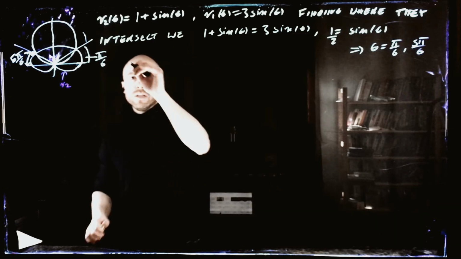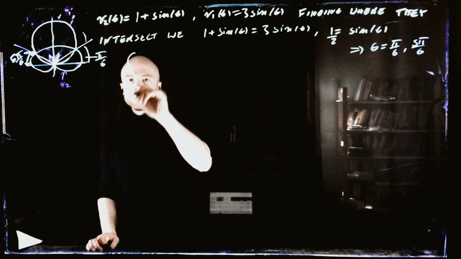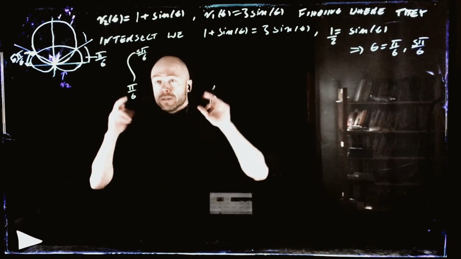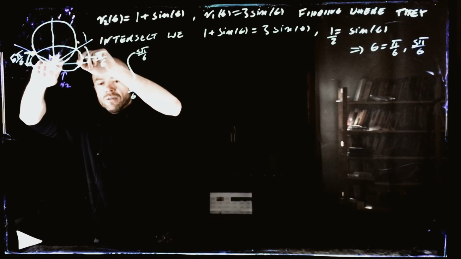Now we have to set up the integral. So we are going to integrate from pi over 6 to 5 pi over 6. And then it's going to be, now this is the point we have to not get things wrong. We have to do the outer function minus the inner function, right?